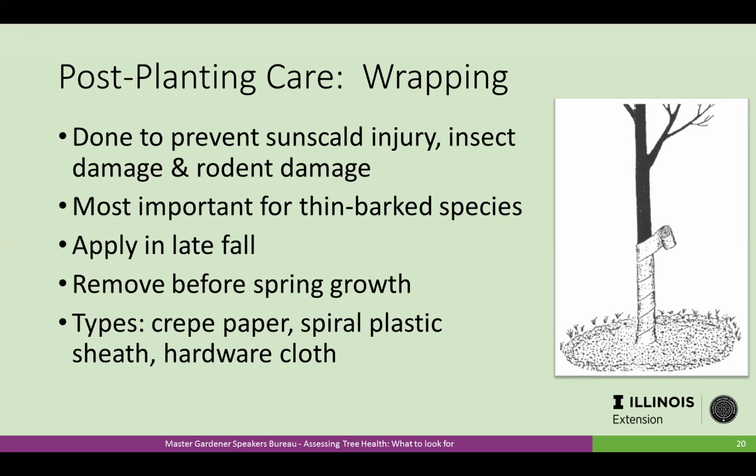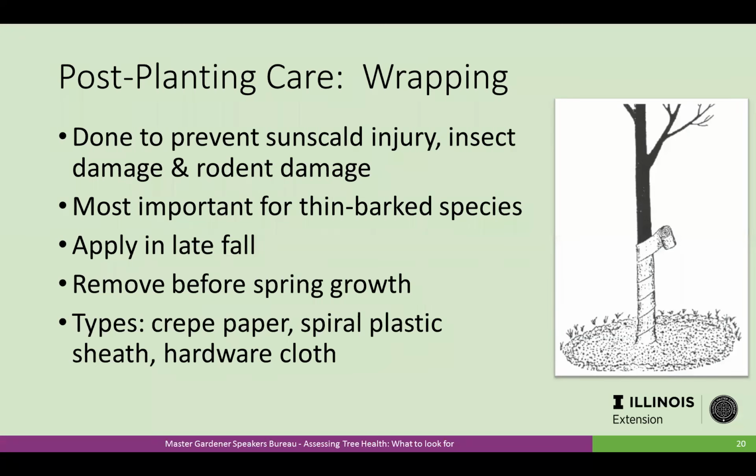And then the sun goes down, it gets cold again and freezes. And so that cell sap will just burst that trunk. And when that happens, it's hard for the tree to heal it, and you get different kinds of opportunistic insects that will come in there and try to get in that crack. So to me, that's a good reason to wrap a tree.